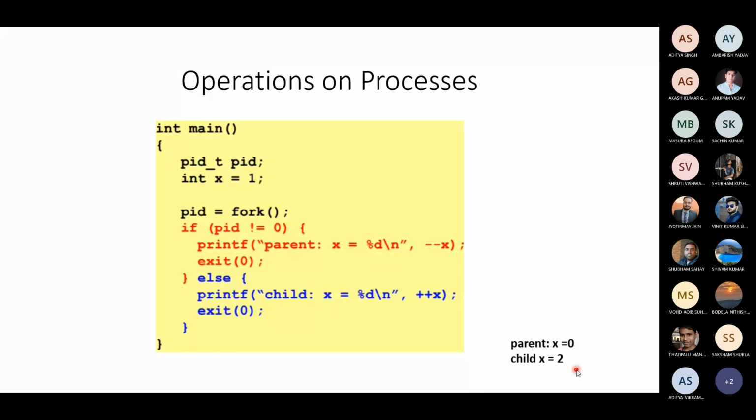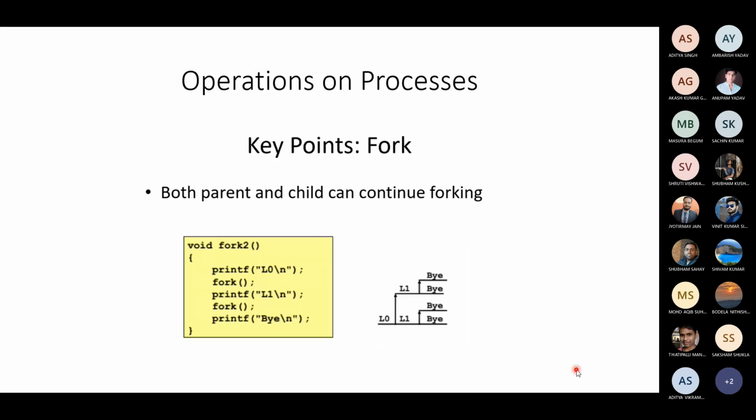Yes, sir. Okay. You can also check another key point of fork. Parent can create its own fork, and the child can also create its own fork. For example, here in this case, I printed L0, then I created a fork. This fork system call will create another process.